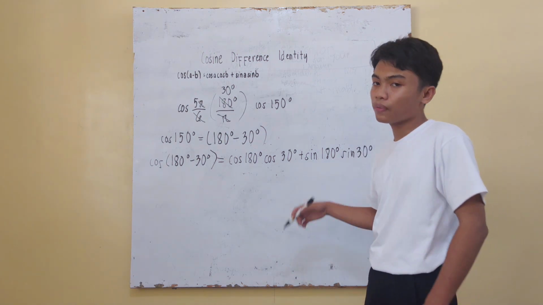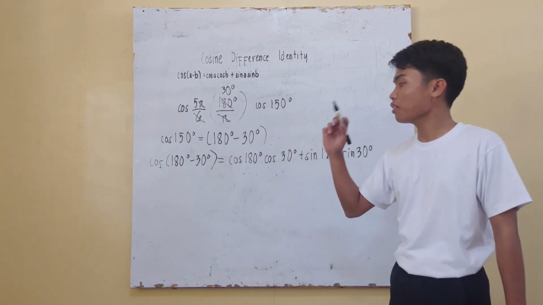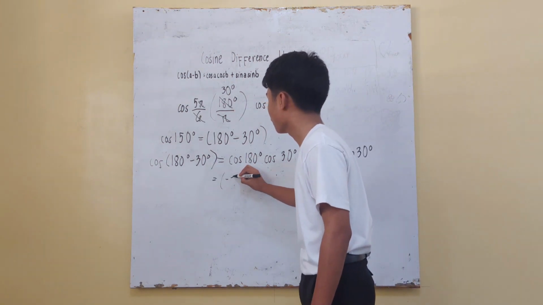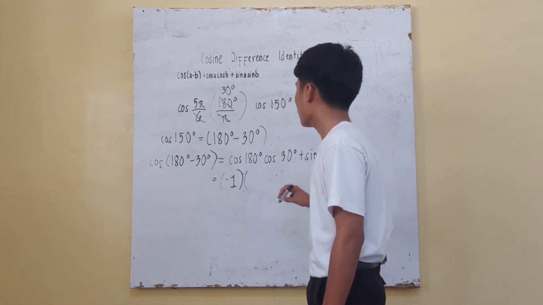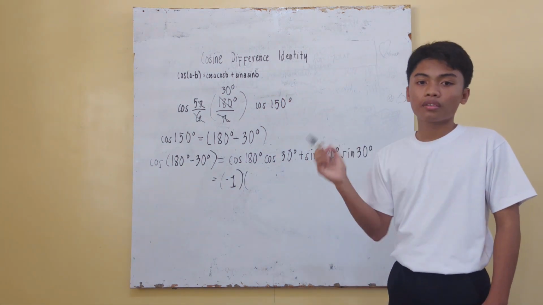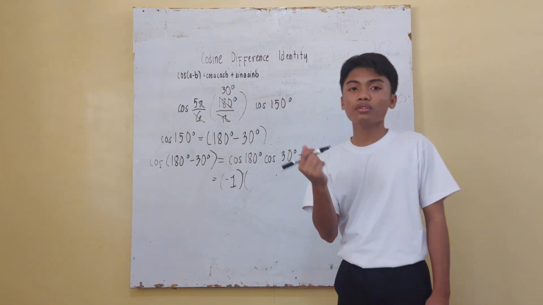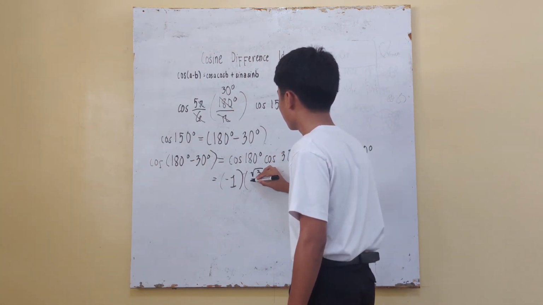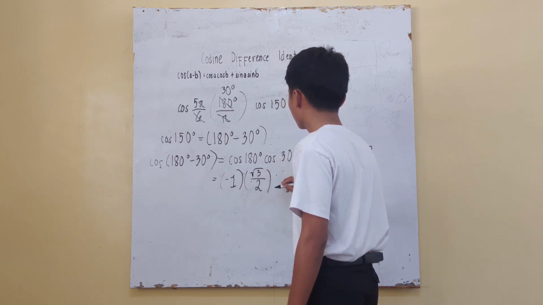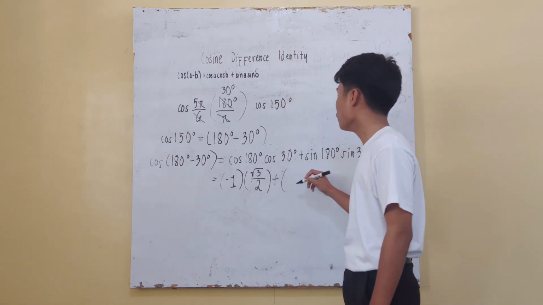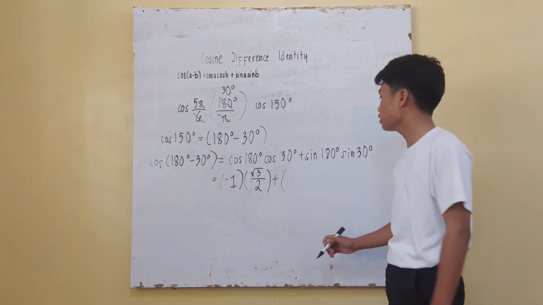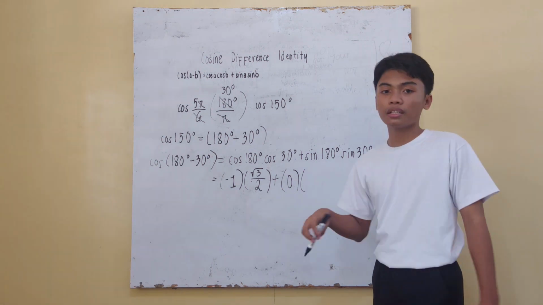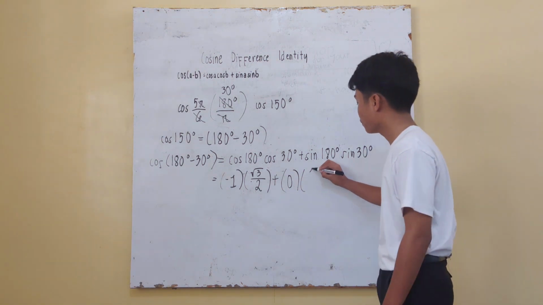So first, we need to identify the value of cosine 180 degrees, which is negative 1. And the value for cosine 30 degrees is square root of 3 over 2. The value for sine 180 degrees is 0, and the value for sine 30 degrees is 1 half.